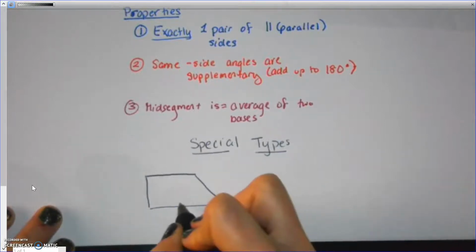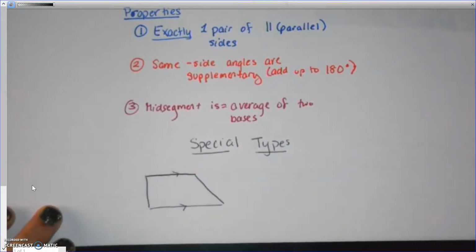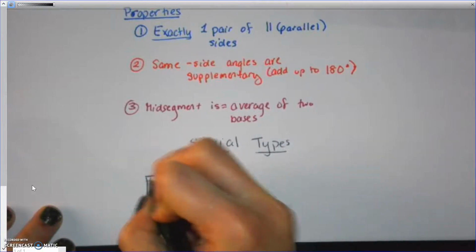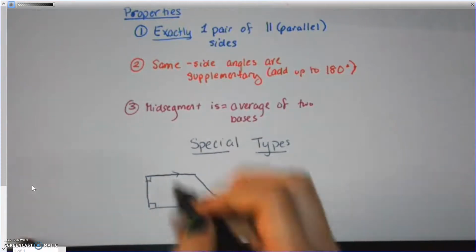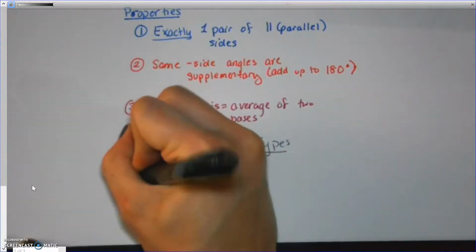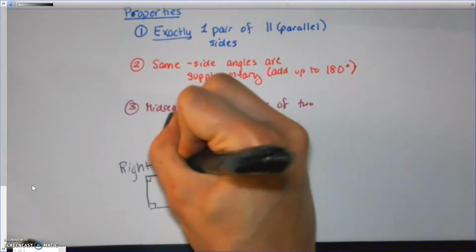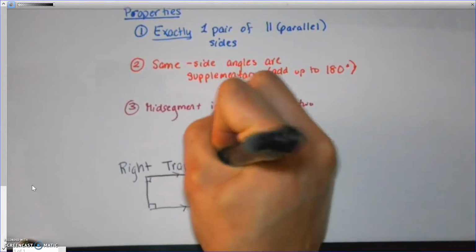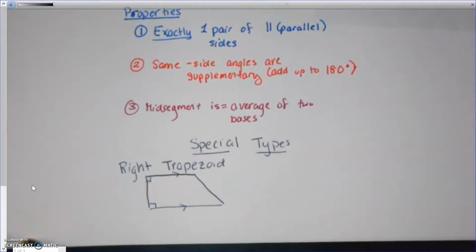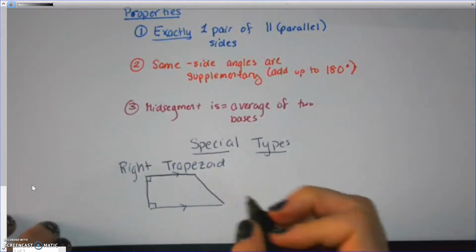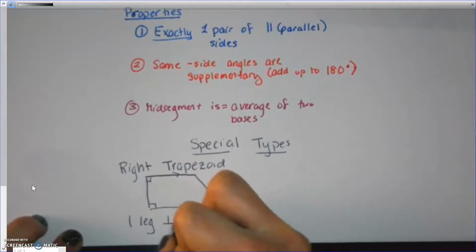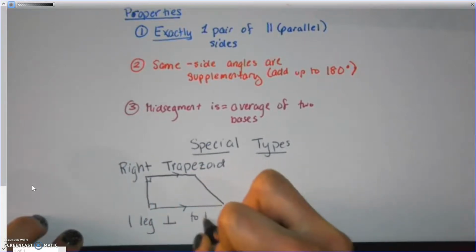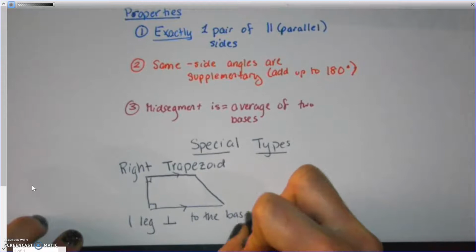You notice that I still have a pair of parallel sides that are my bases, but that one of my legs is perpendicular to the base. That is what we will call a right trapezoid because it has two right angles. So we could say that one leg is perpendicular to the base.